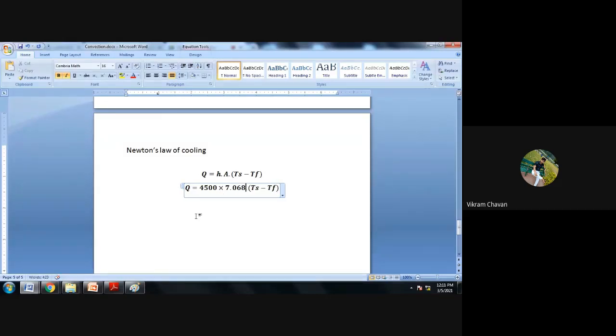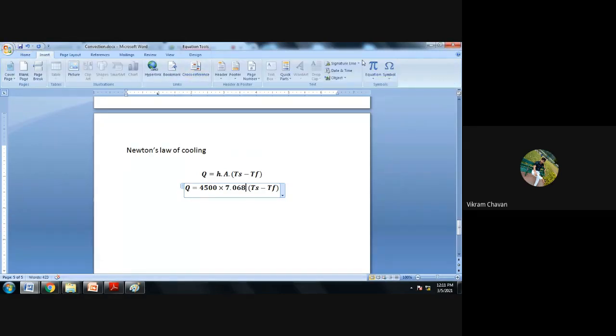7.068 multiplied by 10 to the power minus 3, multiplied by, in bracket, Ts value is 120 and Tf value is 100.